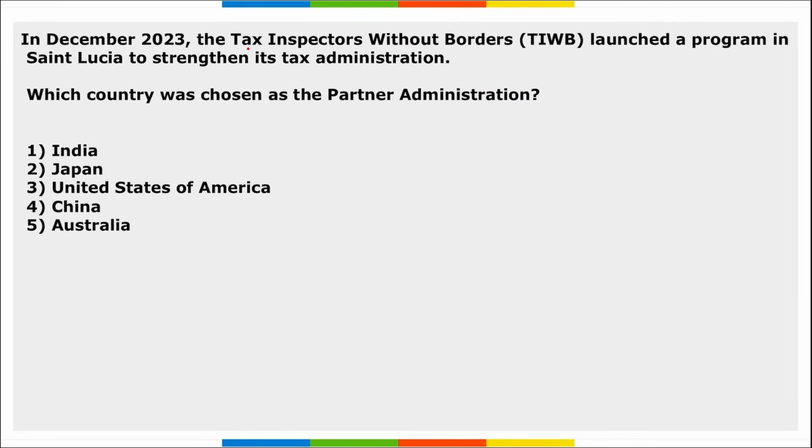Next, in December, the Tax Inspectors Without Borders launched a program in St. Lucia to strengthen their tax administration. Which country was chosen as the partner administration? So remember, our India was chosen as the partner administration, right, by Tax Inspectors Without Borders in order to strengthen the tax administration in St. Lucia.